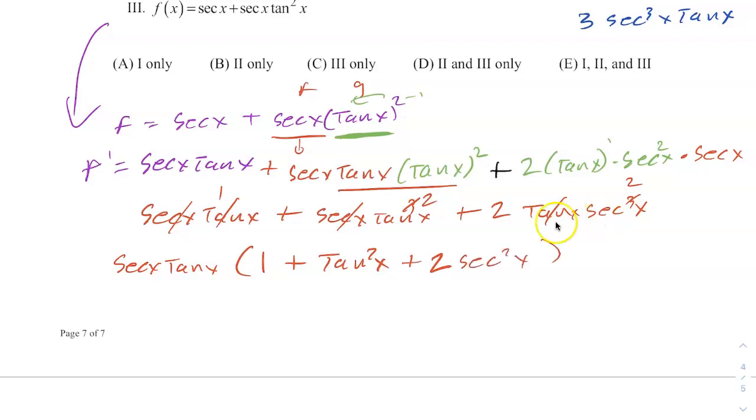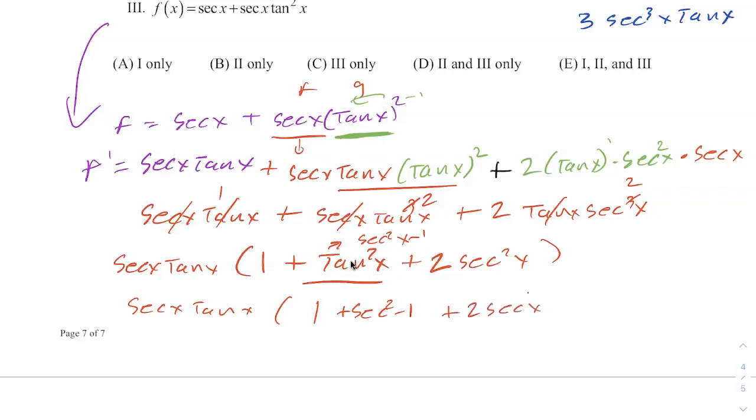And you're like, okay, well, there's a trig identity. Tan squared equals secant squared minus 1. Good old trig. So I get 1 plus secant squared minus 1 plus 2 secant squared x.